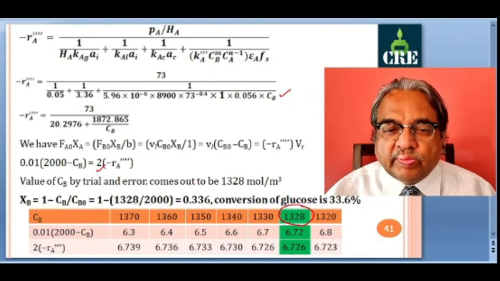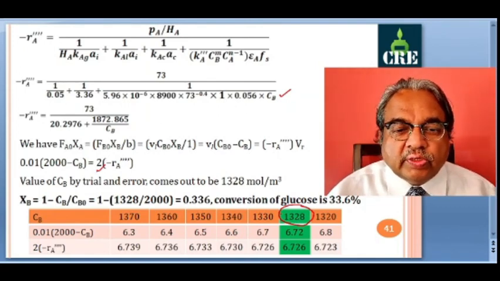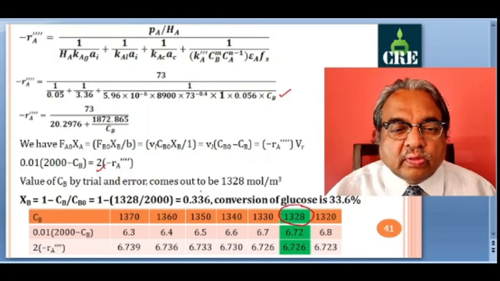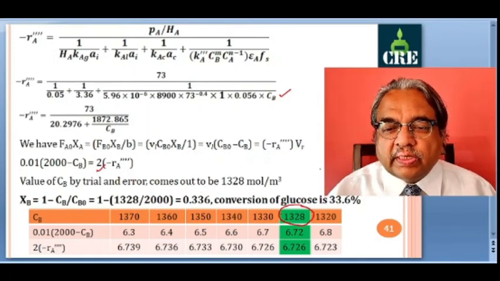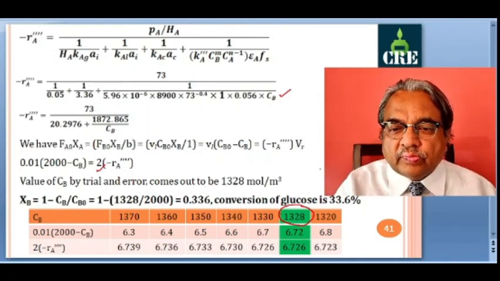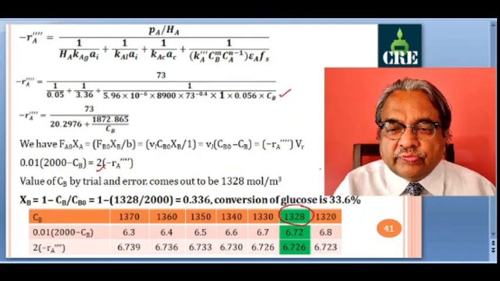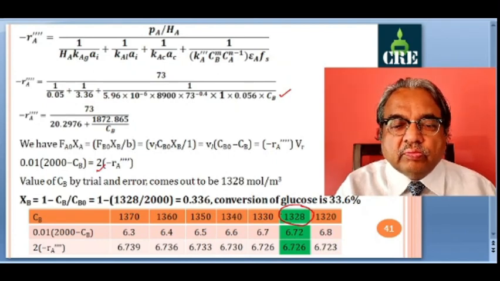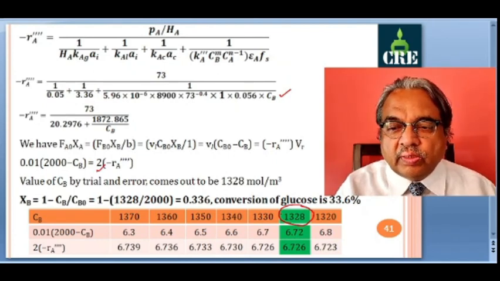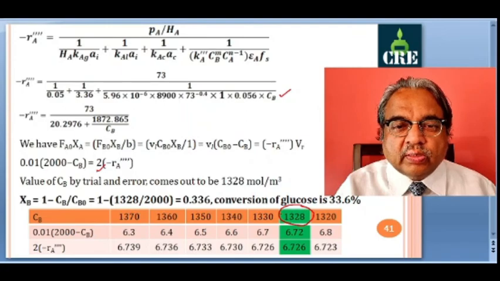This value is almost matching. So with 1328, if you calculate, Xb is 0.336 and conversion of glucose is 33.6%. So today we will stop here and continue with the remaining problems in our next lecture.